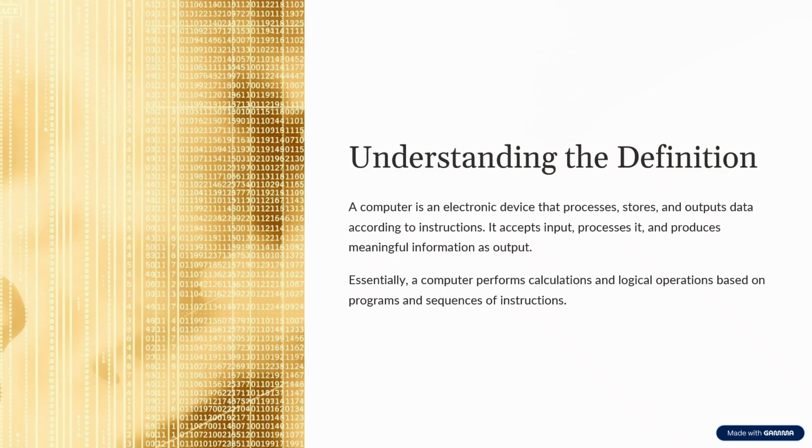So this is an electronic device. They are built using electronic components that enable them to perform calculations and logical operations at very high speed. It executes millions of instructions per second. Computers can be programmed to perform different tasks by loading a different set of instructions.